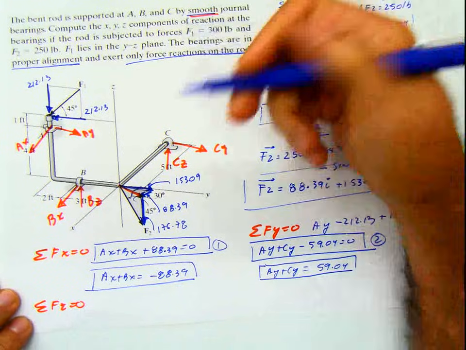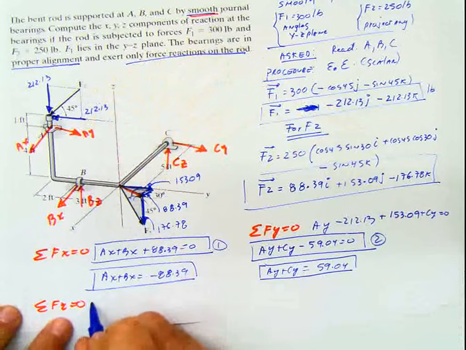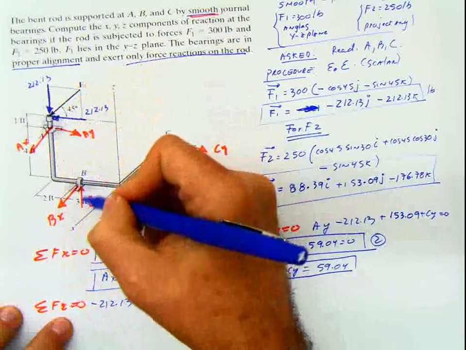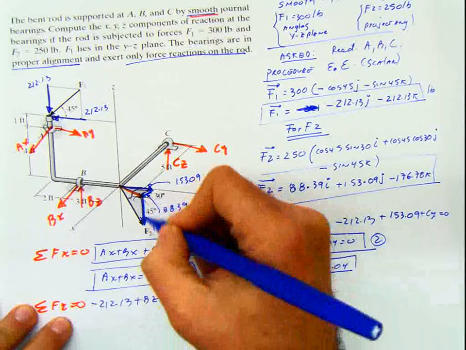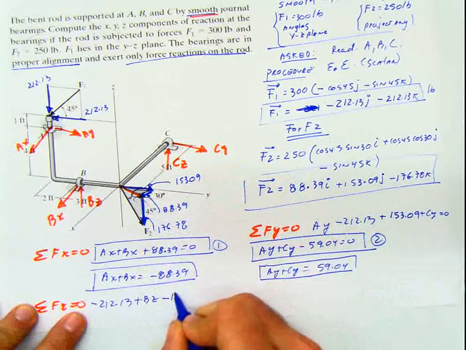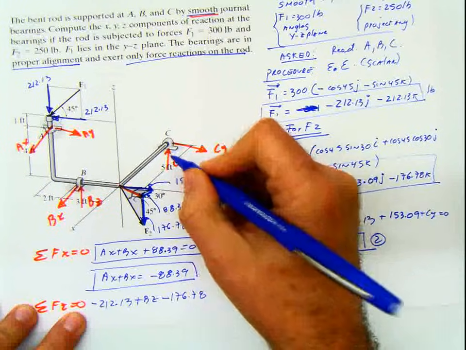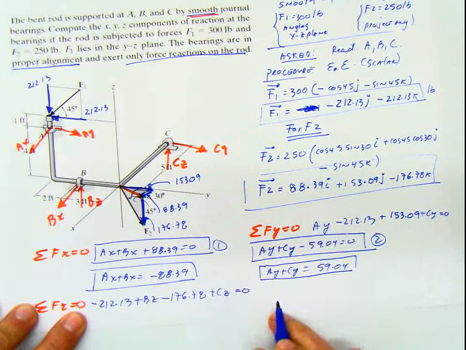Now summation of forces in Z equals 0. What is Z? Z is this one. Negative 212.13, positive BZ, negative 176.78, positive CZ equals 0.